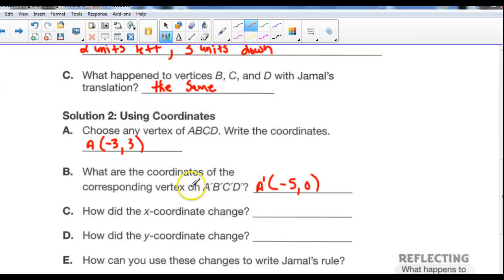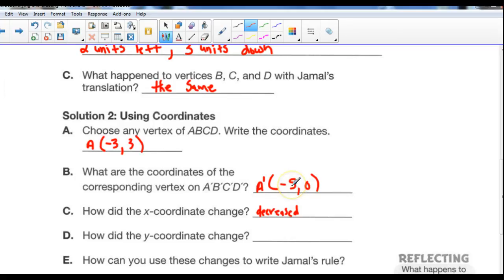How did the x coordinate change? Well, it went from -3 to -5, so it decreased by 2 units. Okay? Because when you're going to the left, you're decreasing. Even though the number 5 is larger than the number 3, -3 is still a larger number than -5.